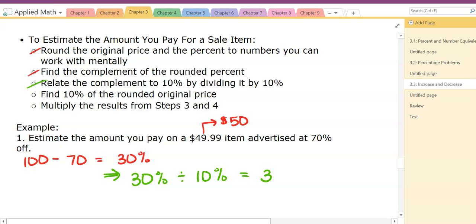So then, fourth step says find 10% of the rounded original price. And 10% is an easy thing to do mentally because you're just thinking about moving the decimal place. So 10% of $50. Remember, 50 has a decimal here, so you just move it to the left 1. So 10% would be $5.